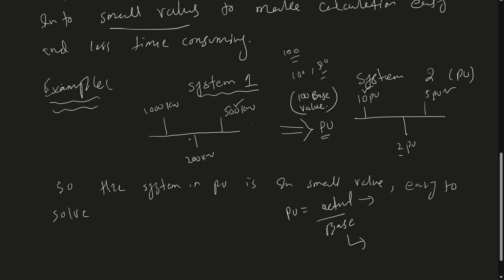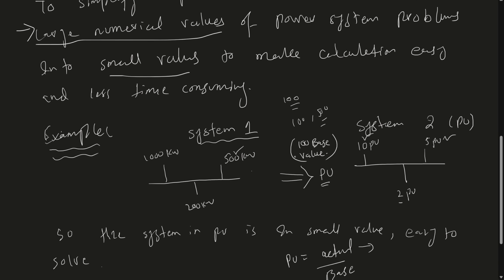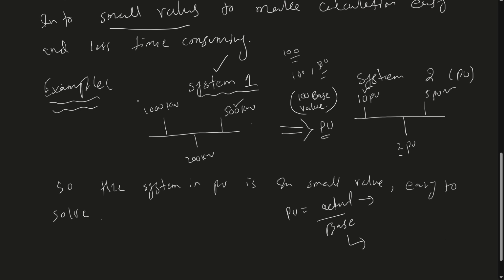We have two distribution systems. Let's say system 1 is in actual values. System 1 has three loads: 1000 kilowatt, 500 kilowatt and 200 kilowatt. By converting all these values into per unit values, the values come down to 10 per unit, 5 per unit and 2 per unit.